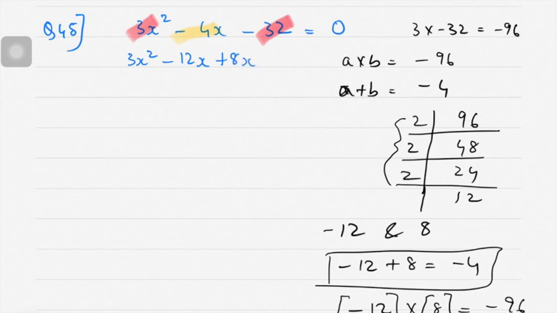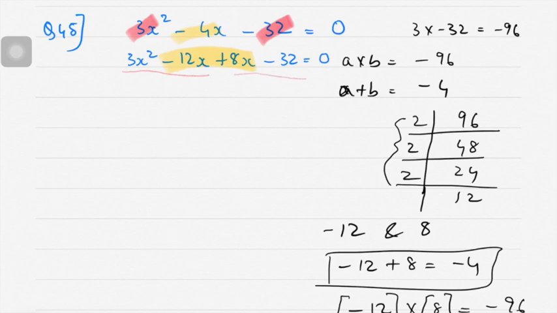So 3x square minus 12x plus 8x minus 32 is equal to 0. Instead of writing minus 4x, I have written minus 12x plus 8x because minus 12x plus 8x is minus 4x only. Correct?